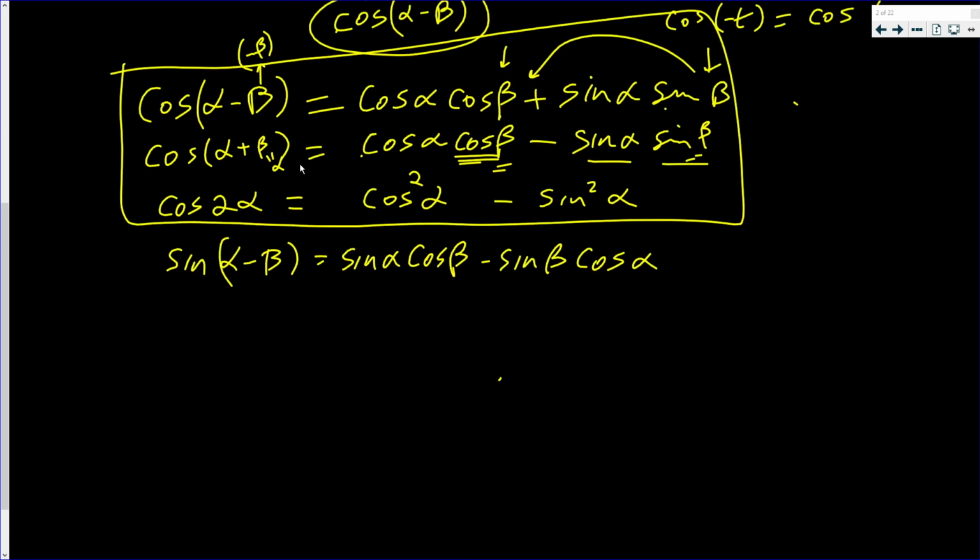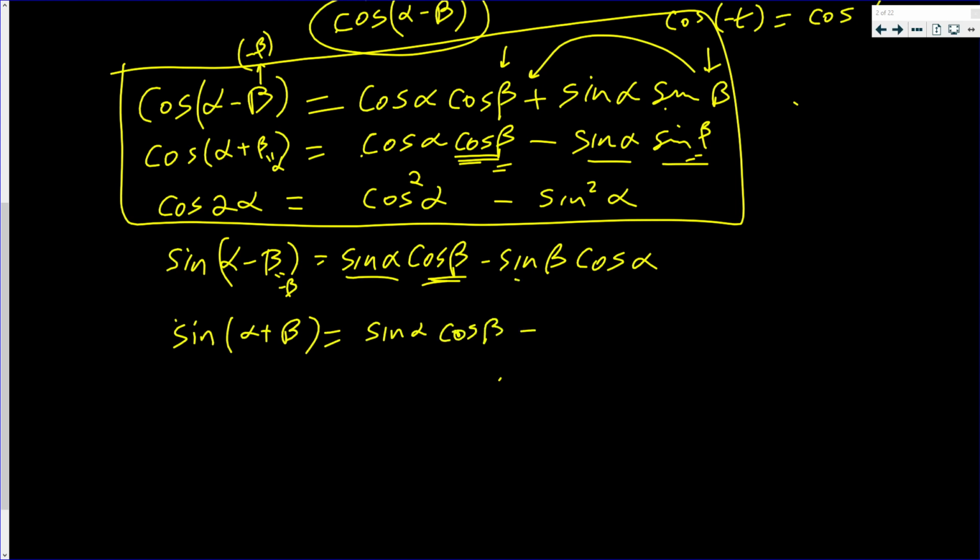Now, how about we let beta become negative beta? That will give me the sine of alpha plus beta. Well, cosine of beta won't change. Angle alpha didn't change.